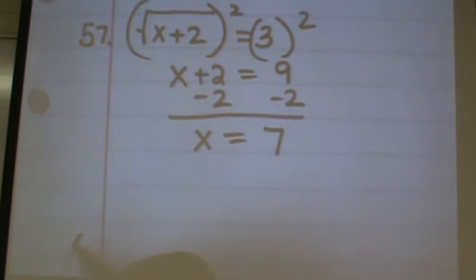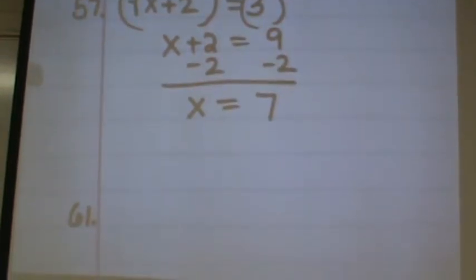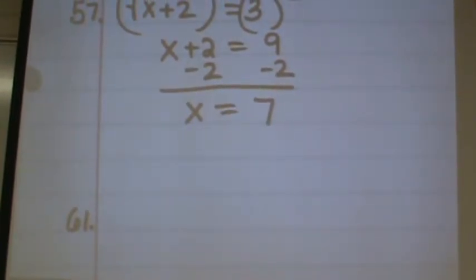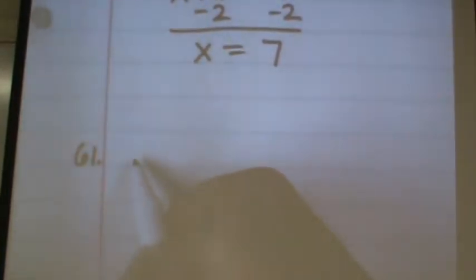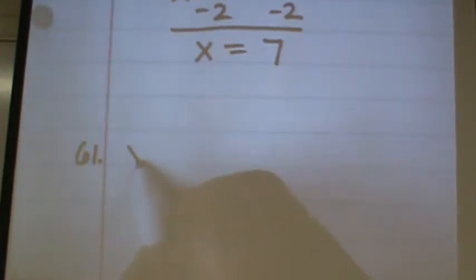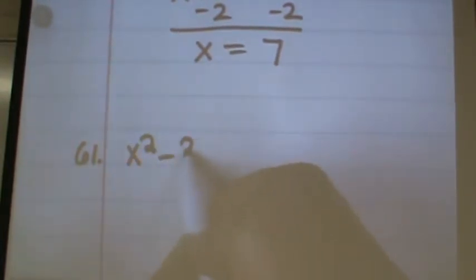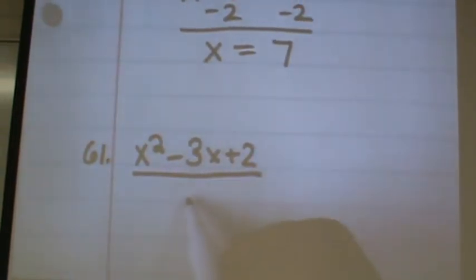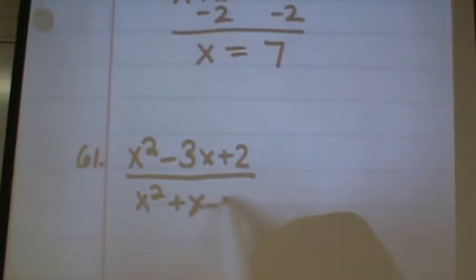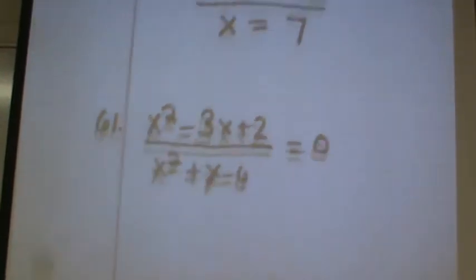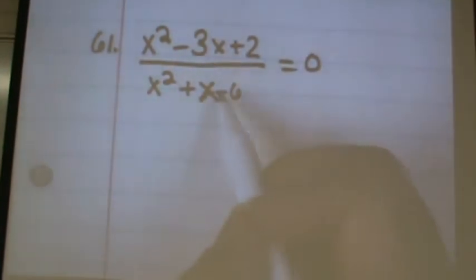61. Question 61. We have a rational problem here. We have x squared minus 3x plus 2 over x squared plus x minus 6, and we have this equal to 0. So we're going to factor the numerator and the denominator.